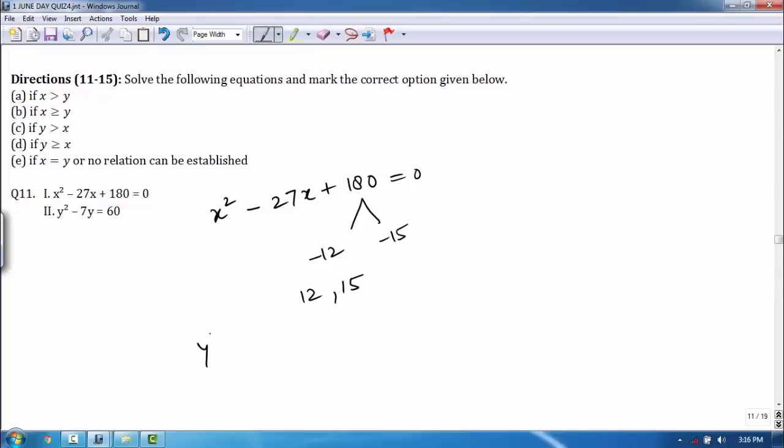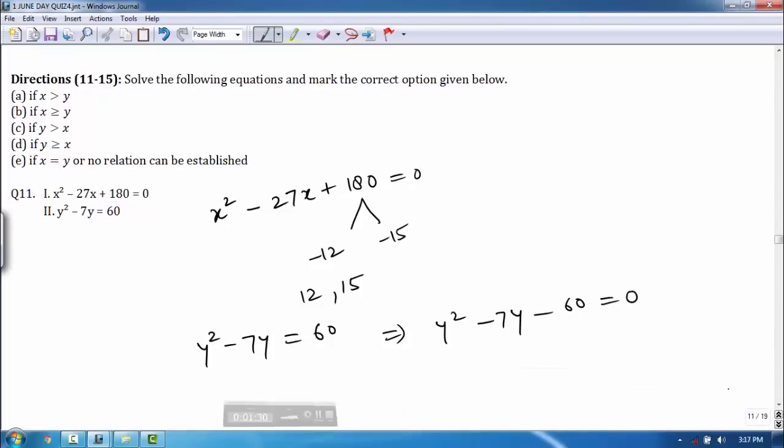Similarly, for the other equation, y square minus 7y is equal to 60. So we can also write it as y square minus 7y minus 60 is equal to 0. So we know that 12 into 5 is 60.